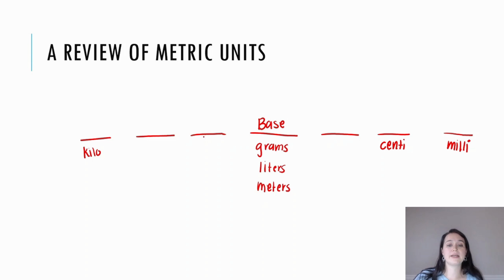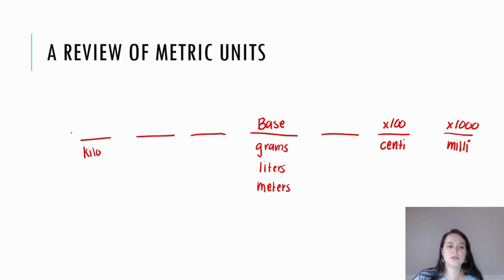They go up by 10, right? So whatever my base unit is, so maybe I have 5 grams. So if I have 5 grams, I would have 5,000 milligrams. So milli's the little teeny tiny one. Okay, and then centi, think century, 100, right?